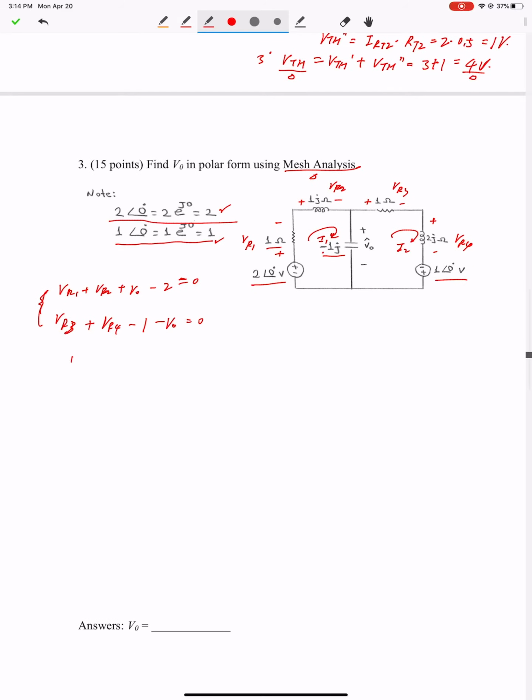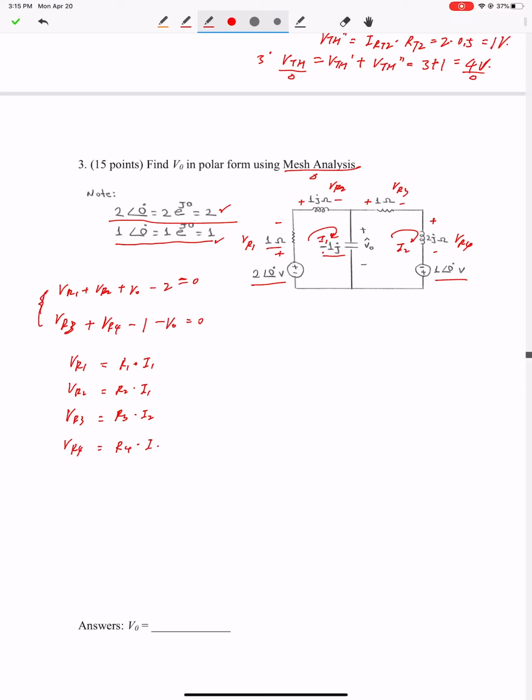And then we can represent VR1, VR2, VR3, and VR4 in terms of mesh currents. The first one, VR1, should be R1 times I1. VR2 should be R2 times I1. VR3 should be R3 times I2.